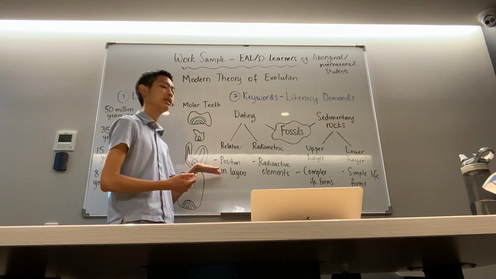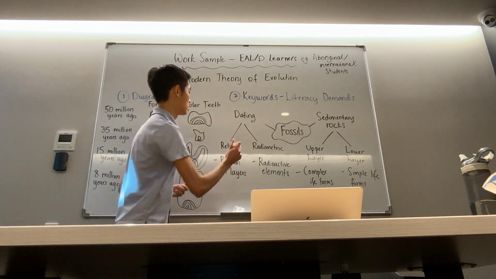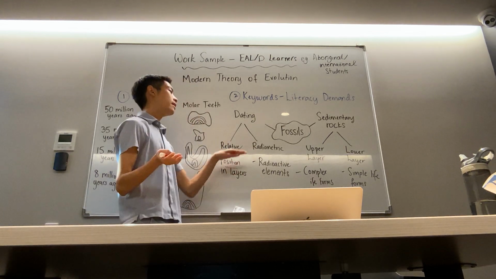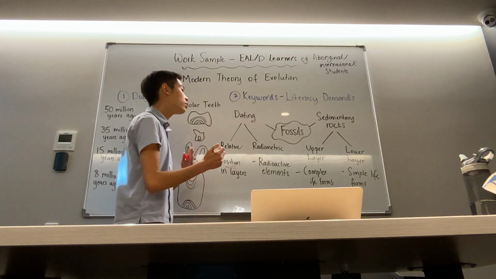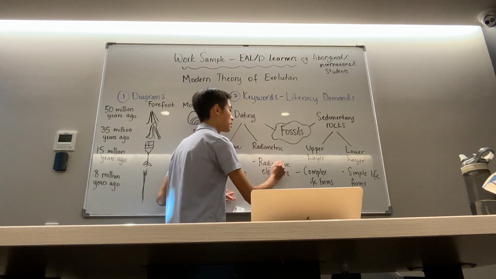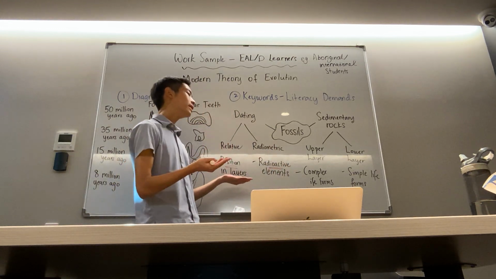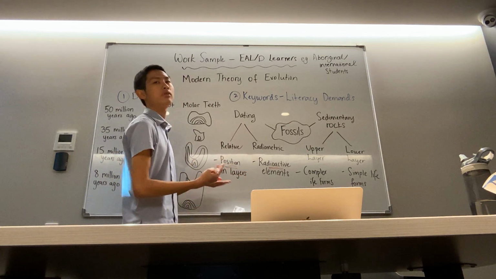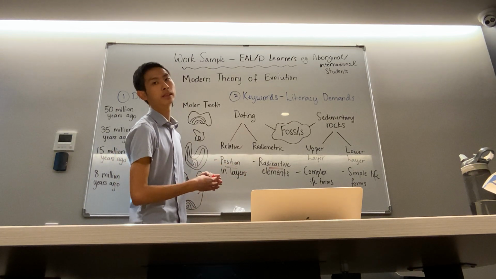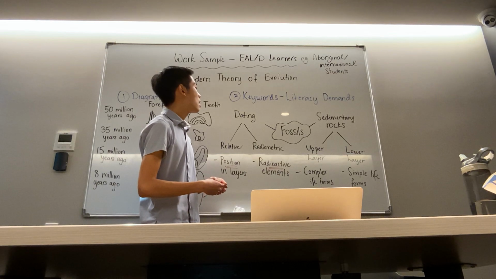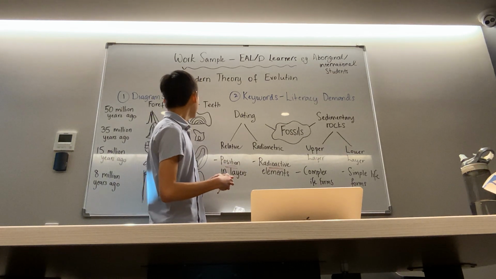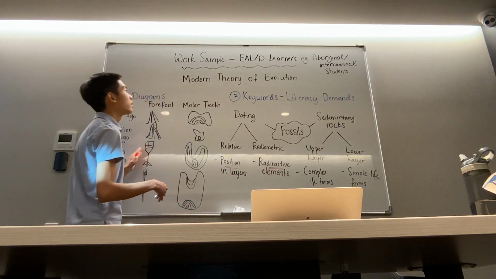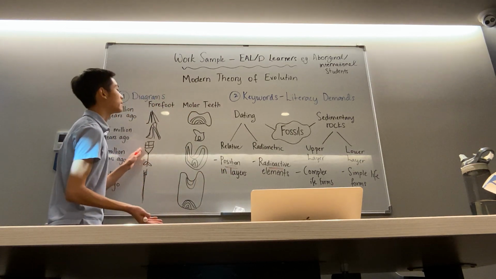That's the keyword, position. And then in the radiometric dating explanations, the word radioactive is there. It must be there. Radioactive elements such as isotopes with different neutron numbers. Neutron numbers, sorry.